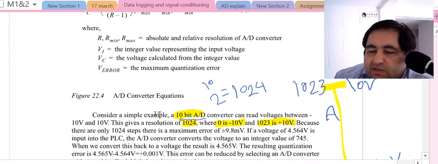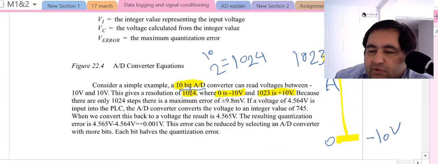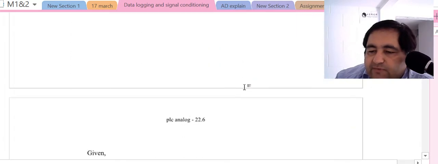Okay, so obviously we looked at multiple scenarios, like for example 10 bits, to see what is happening. For 10 bits, we realized that if our range is between 10 and minus 10, plus and minus, our accuracy came out as plus and minus 9.8 millivolt, as you can see here.